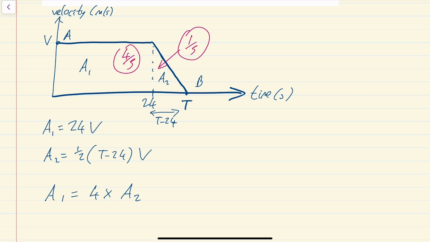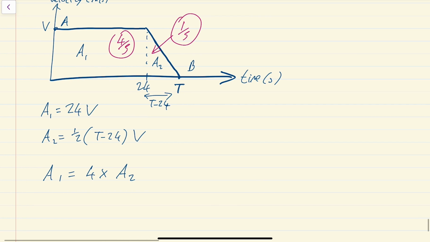That's quite tricky. They tell you in the question that before he applies the brakes, he has travelled 4/5 of the entire journey. So area 1 to area 2 is in a ratio of 4 to 1. That's 4/5 and only 1/5, or 4 parts of the journey and the second bit is only 1 part. Whatever way you want to look at it, area 1 is 4 times bigger than area 2. Now this allows us to set up a wee equation.